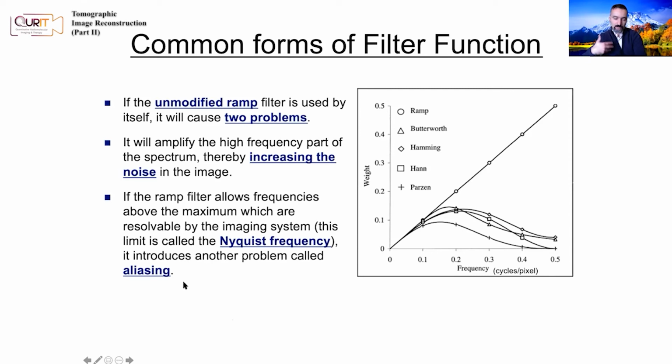So you can go back to the previous talks about aliasing, but essentially the units here are cycles per pixel. So the Nyquist frequency happens to be 0.5. So if you're allowing frequencies beyond your detector's ability to sample your images, you're going to get aliasing artifacts. So that's why people cut off the ramp at 0.5.